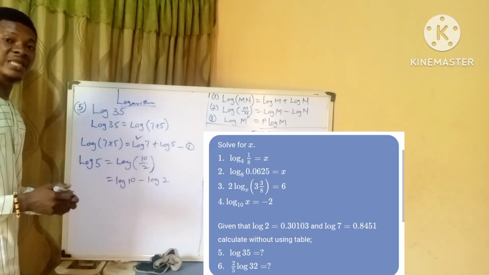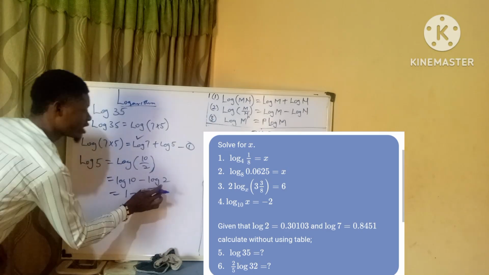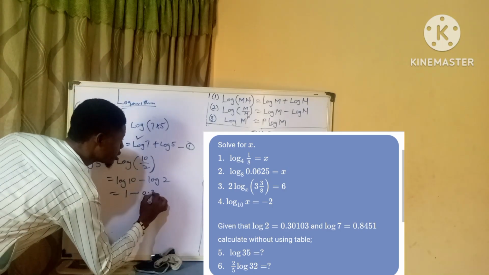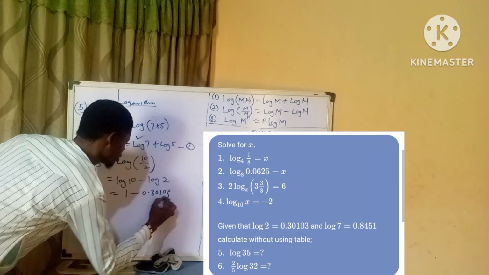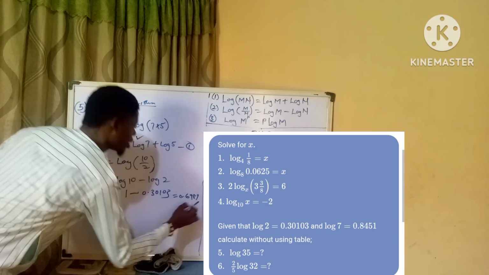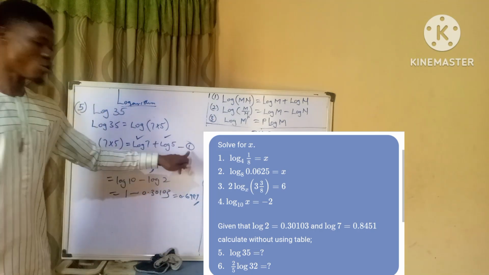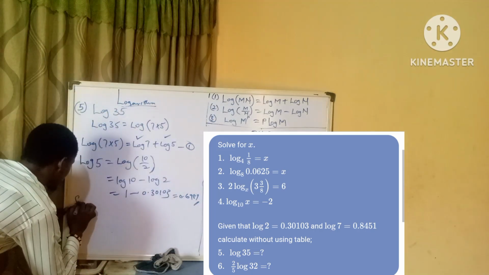And we already know that log 10 base 10 is 1, isn't it? So this will give you 1 minus log 2, which is given as 0.30103. And this will give you 0.6989. So now we've gotten log 5 also. We can now come back to equation 1.